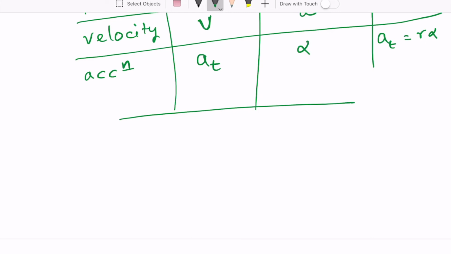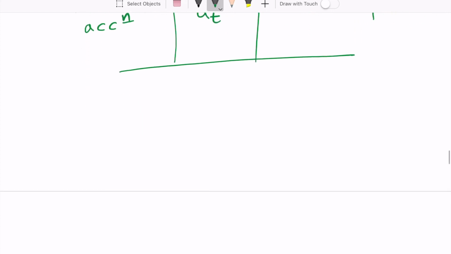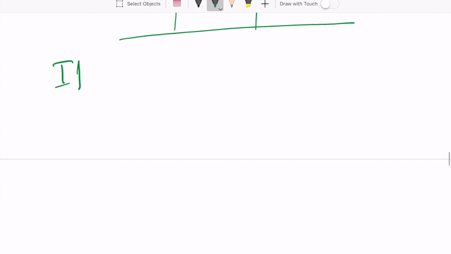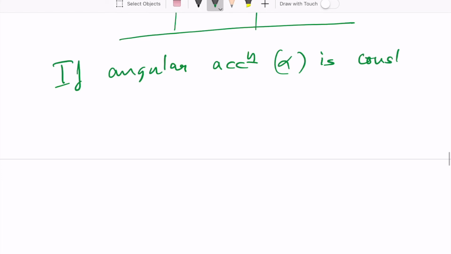You can do the exact same thing with angular velocities. So if the angular acceleration alpha is constant, then you can write down the angular kinematic equations.